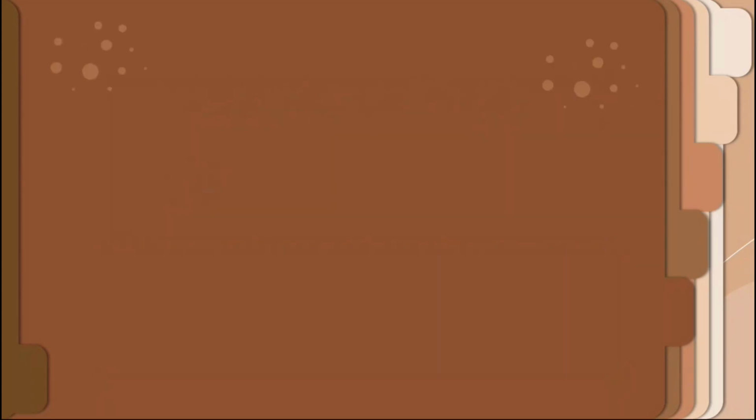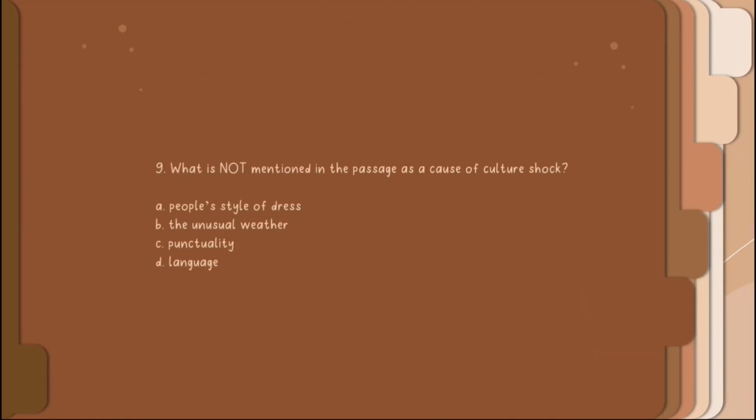Going to question number 9 of reading passage 1, the answer is C. As you can see in the passage, the people's style of dress is mentioned in the dress category, so it is correct.